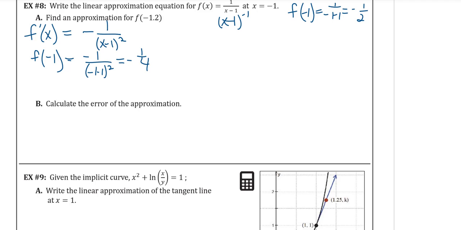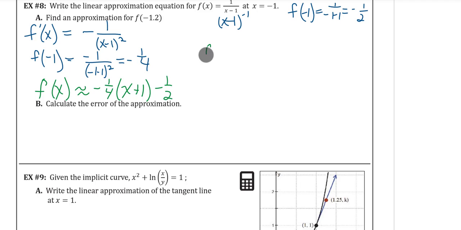So f of x is going to be approximately equal to negative 1/4 times x plus 1 minus 1/2.